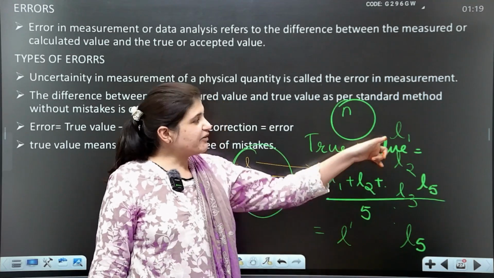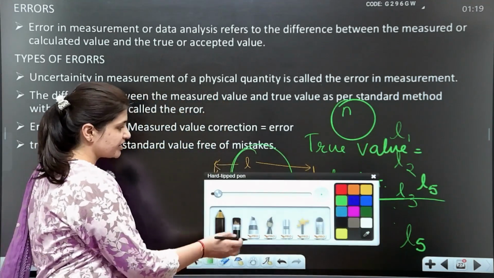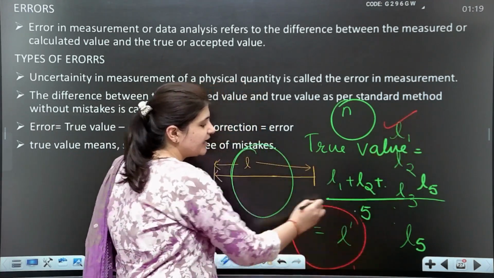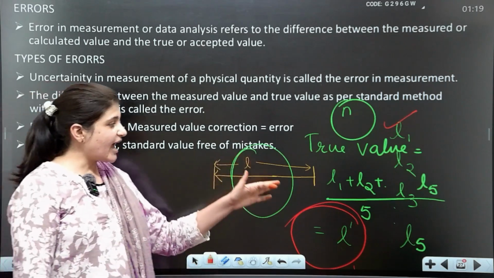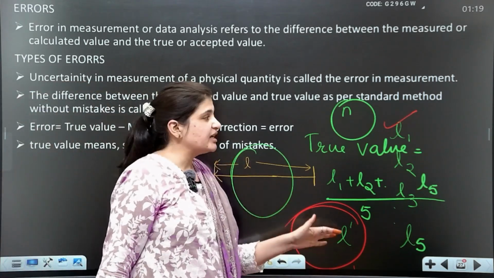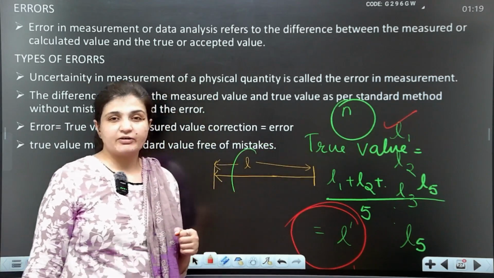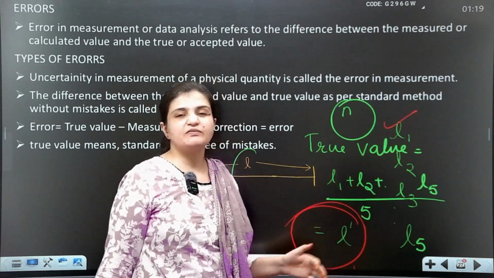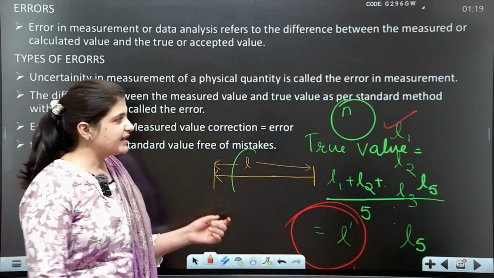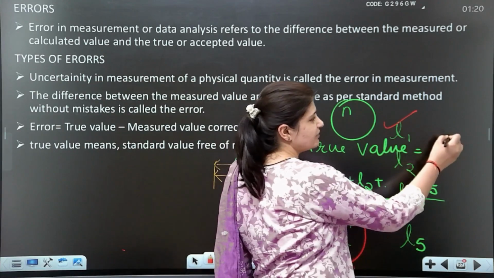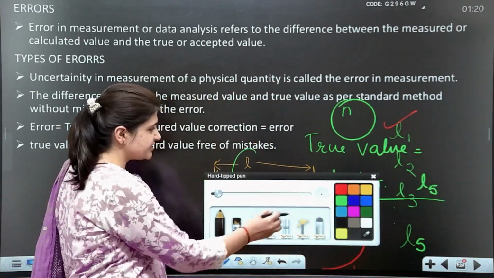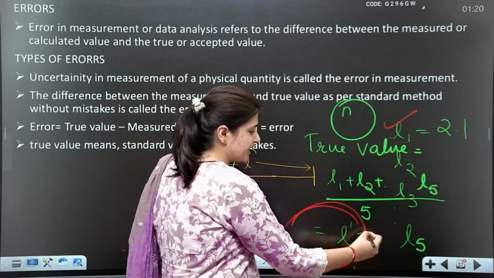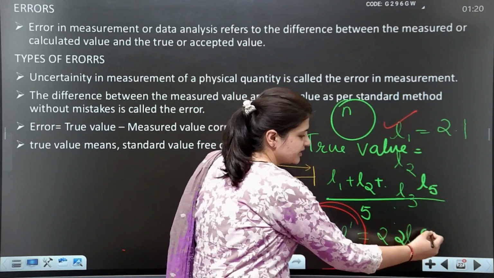So when we have taken the first value, that is L1, and here is the true value L dash, there can be a difference between L1 and L dash. Let's consider L1 is 2.1 and L dash is 2.2 centimeter.